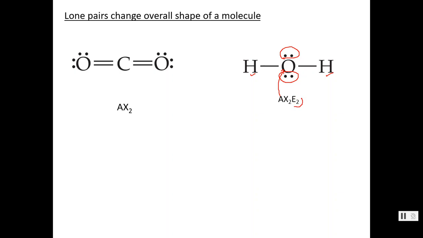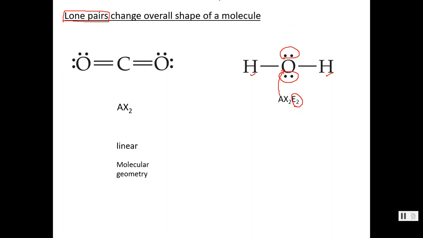That's where this E subscript 2 comes from. So both of these molecules look linear, but they have different VSEPR notations due to the presence of lone pairs. And those lone pairs that are on the central atom change the overall shape of the molecule.